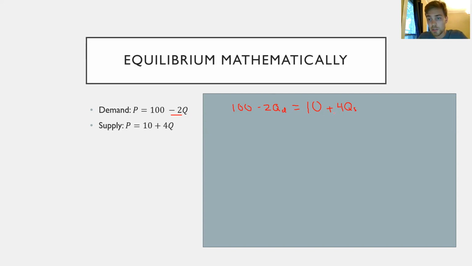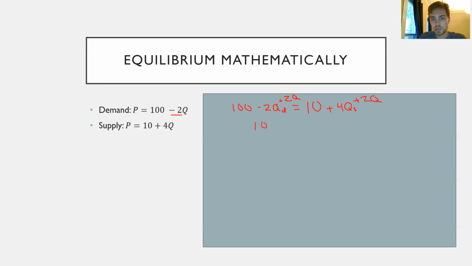So we just have to solve for Q algebraically. We have one equation, one unknown, so we can solve. What I'm going to do is add 2Q on both sides.